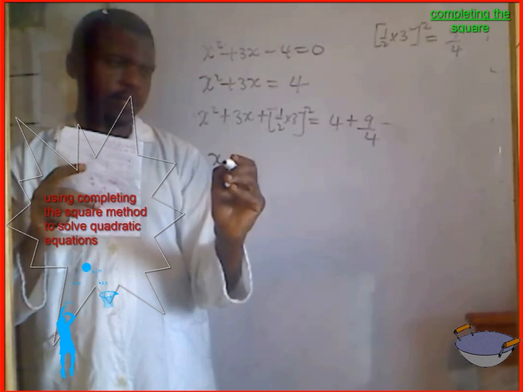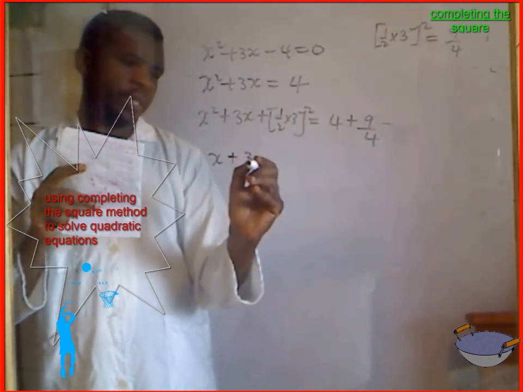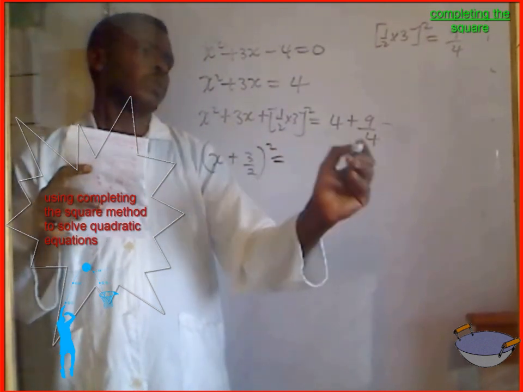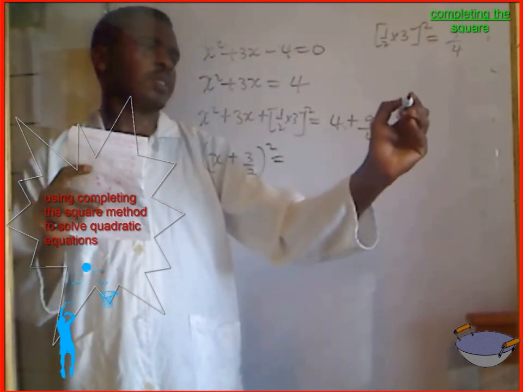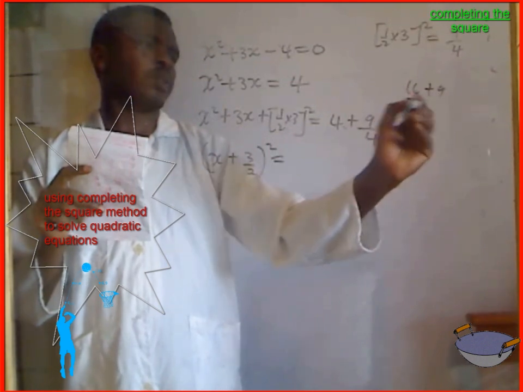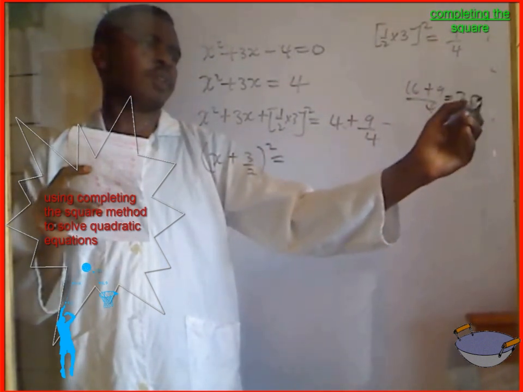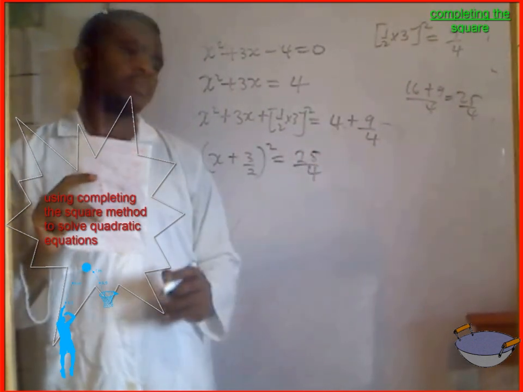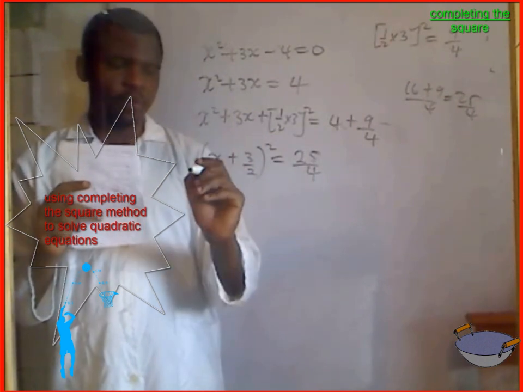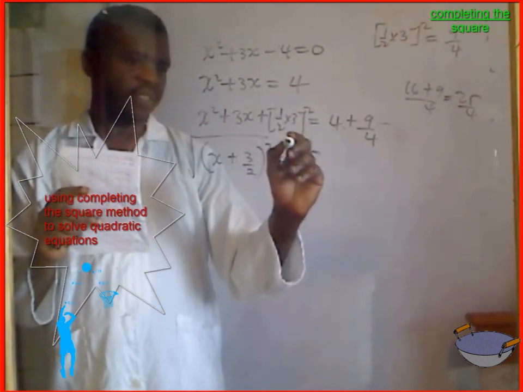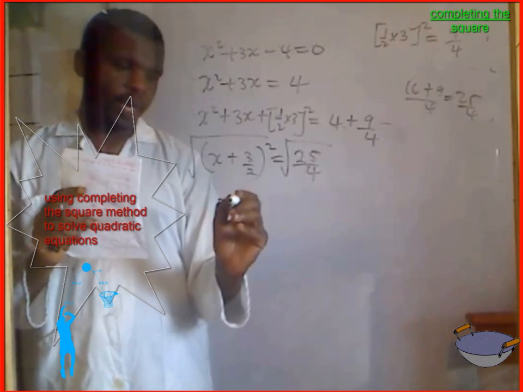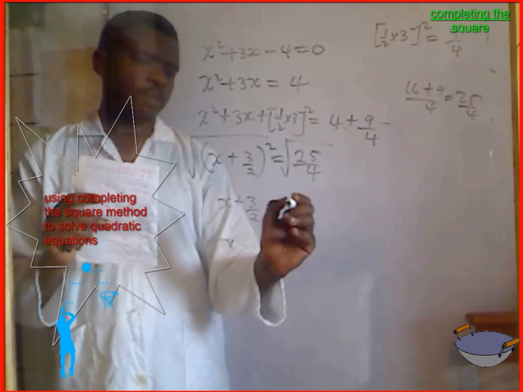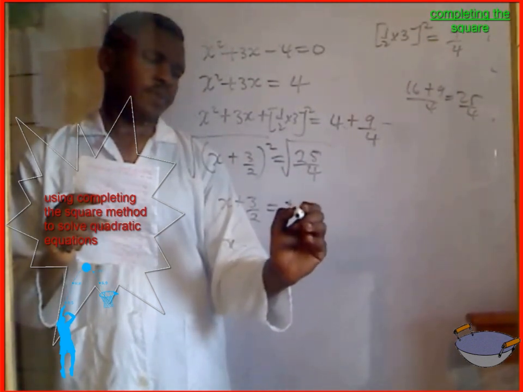This will be x plus 3 all over 2, all squared, is equal to, if I simplify this, 16 plus 9 all over 4, which is 25 all over 4. I take the square root of both sides. So I have x plus 3 all over 2 is equal to plus or minus 5 all over 2.